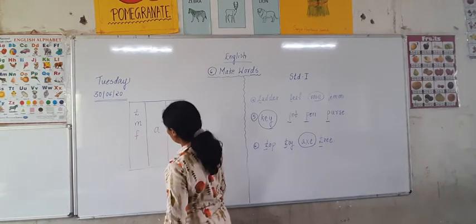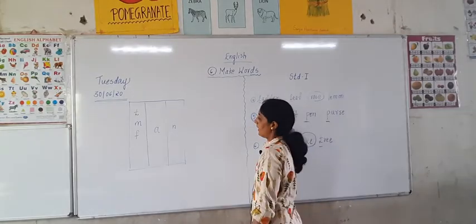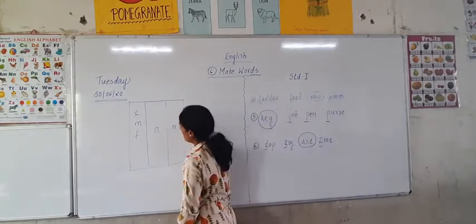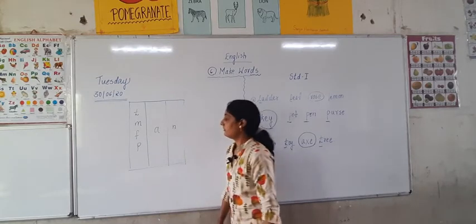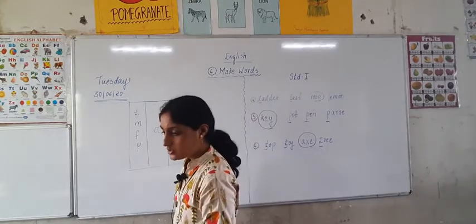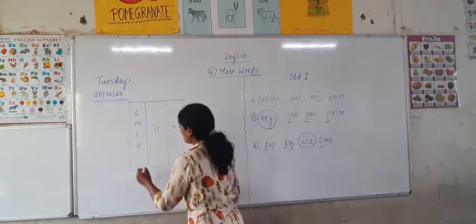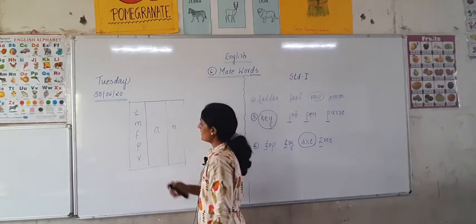F, more, P, more, which is there, we. I think this example is over.